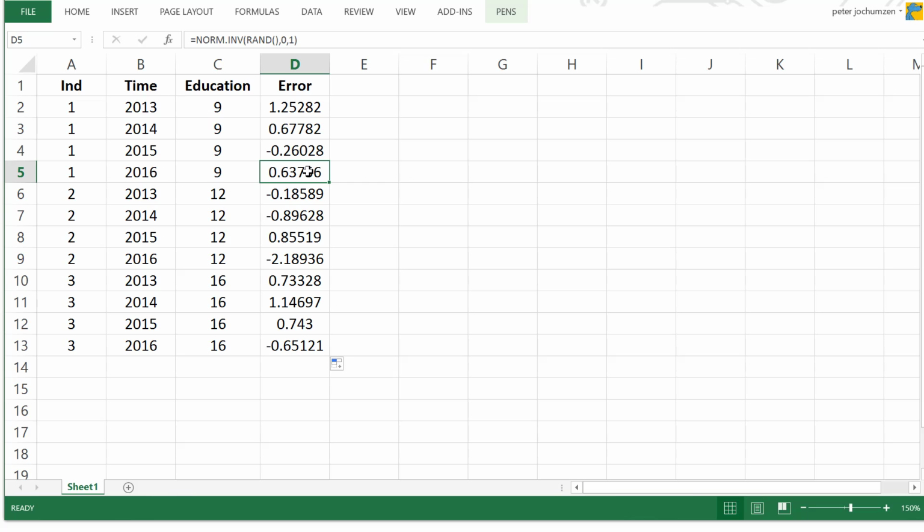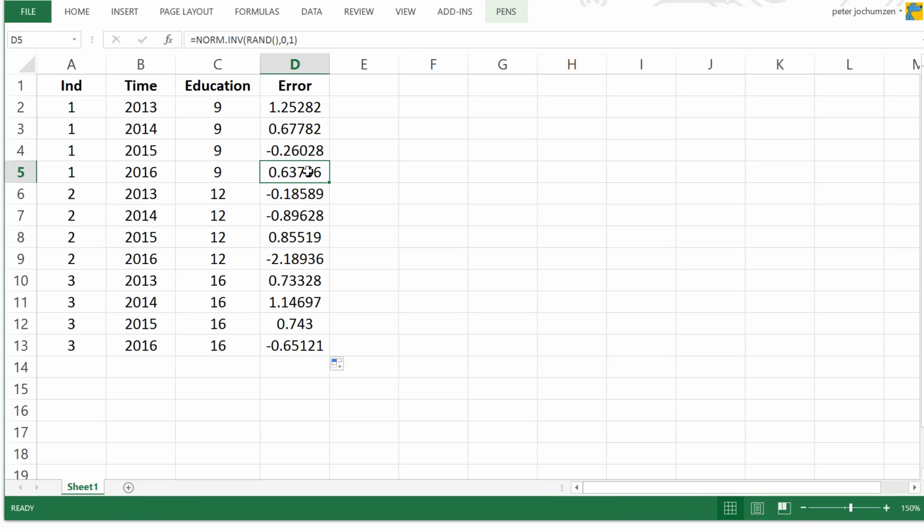Individuals have characteristics that will affect the salary, but which are not measured by the explanatory variables. These characteristics could be things like being very industrious and hardworking, being intelligent, having high social intelligence, and so on.